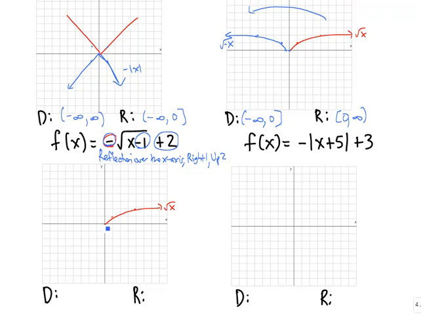So normally we have our base point starting at 0, 0. When I reflect that over the x-axis, that doesn't move it. When you're already on the x-axis and you're reflecting over the x-axis, you're going to stay put. So the starting point initially is not going to move because of the reflection. But it will move right 1 and up 2. So if I go from the origin and I go right 1, up 2, then my new starting point is at 1, 2.